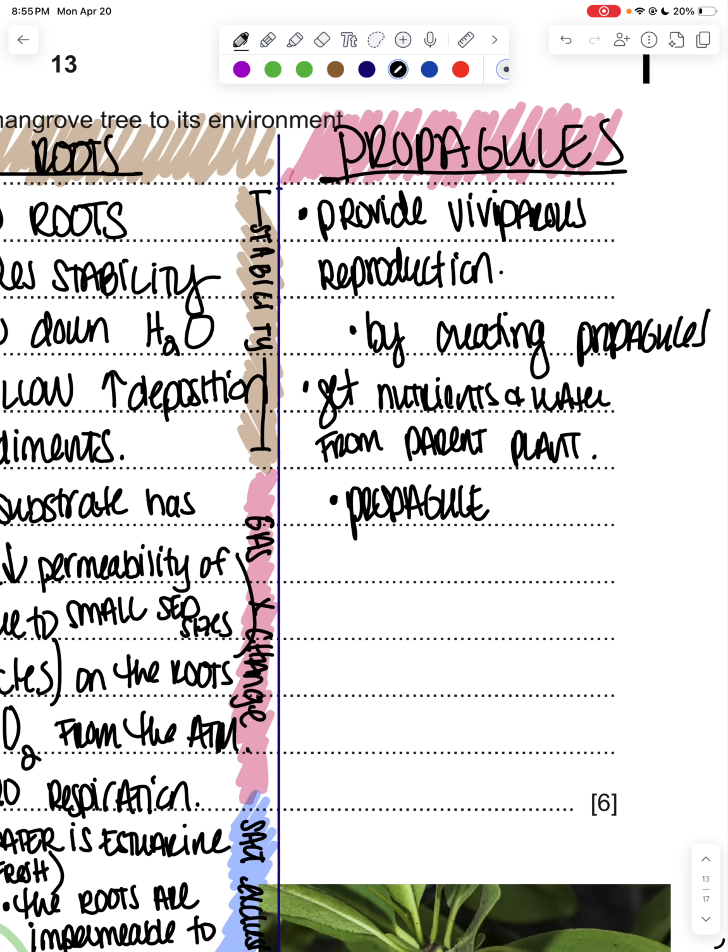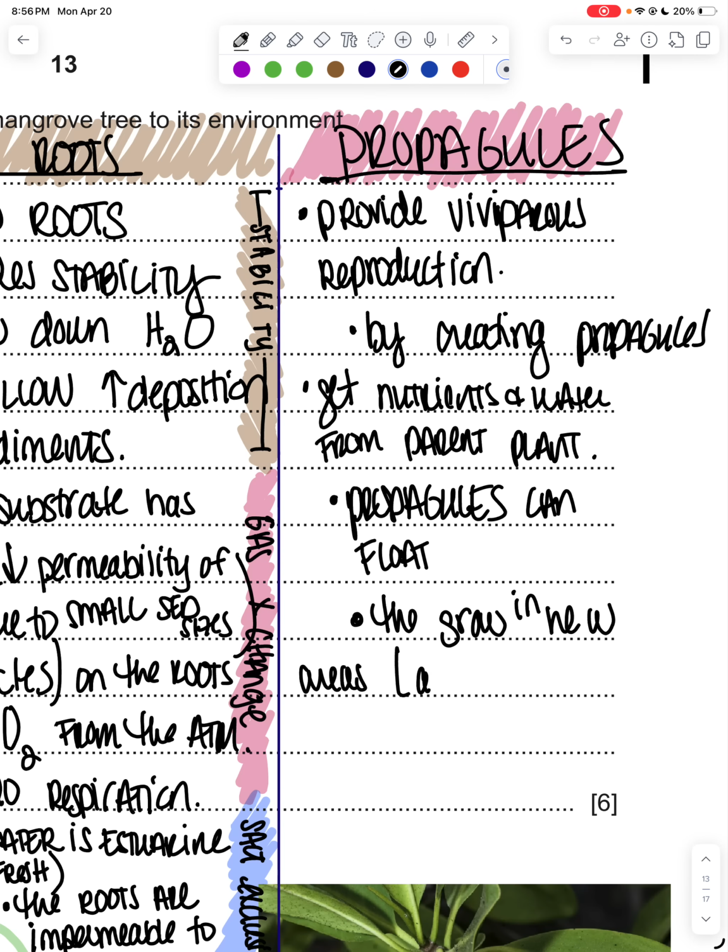Propagules can float. They grow in new areas, or they can colonize new areas, away from the parent plant, which limits competition.